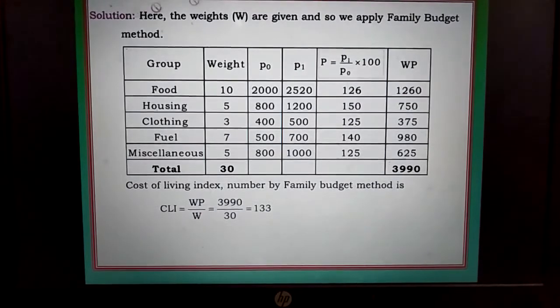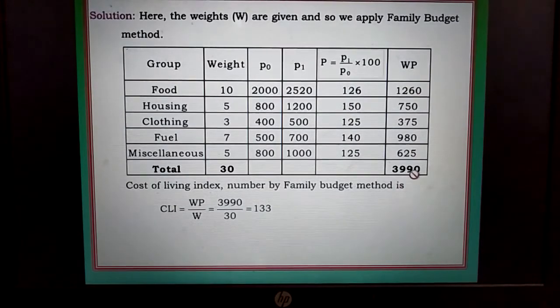In the similar way, weights are taken as W, P naught and P1 is given, capital P is being calculated as P1 by P naught multiplied by 100. Then we know formula as summation of WP divided by summation of W. Here summation is to be added, sum of WP divided by sum of W. That WP is required, that's why these P multiplied by W columns are to be multiplied and written as WP.